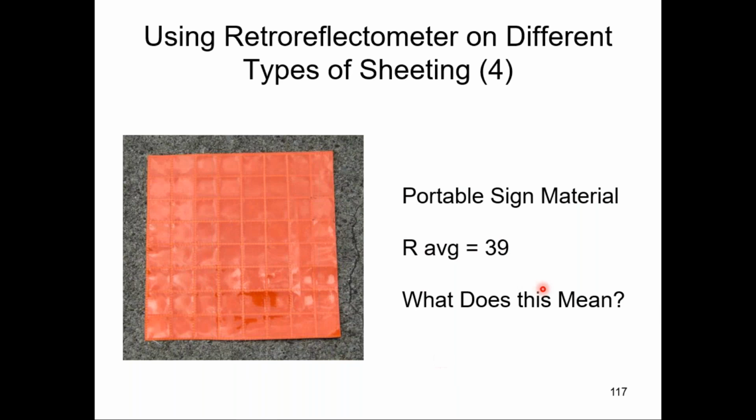So those of you that use temporary signs like this, you might want to check the retroreflectivity of the material, because I know some agencies I've seen recently have left them up, and as an older driver, to be honest, I couldn't read the message on the sign because the sign was between my older eyes and the low retro value.